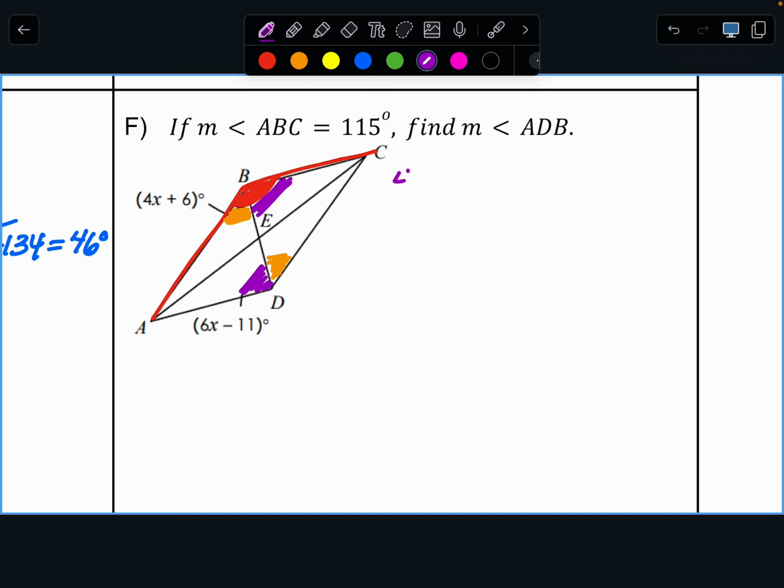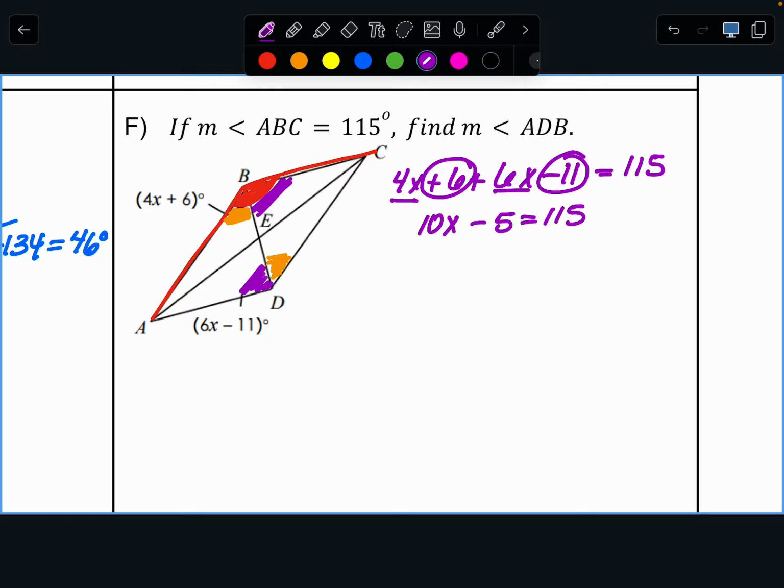So I can say 4x plus 6 plus 6x minus 11 equals 115. 4 plus 6 is 10x, plus 6 minus 11 is minus 5 equals 115. Add 5, 10x equals 120. Divide, x is 12.